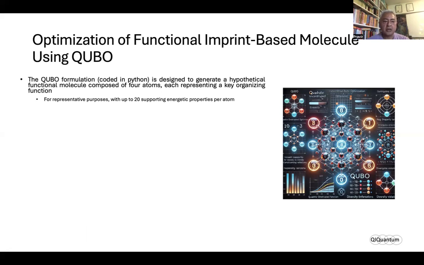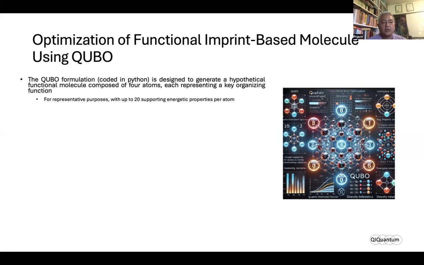Essentially, what I did with this QUBO is set the objectives and constraints for a hypothetical synthetic molecule, which had four atoms, and each of these atoms was driven by a primary energetic imprint, but then had a number of different supporting energetic imprints that I wanted embedded in the atoms and then combined into that molecule.